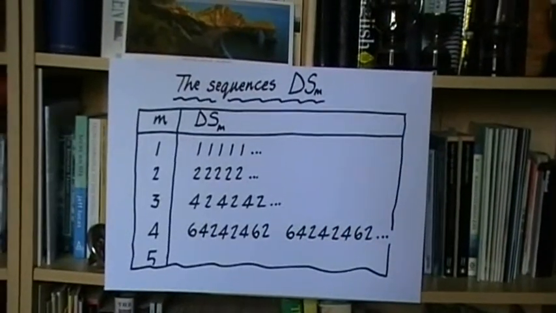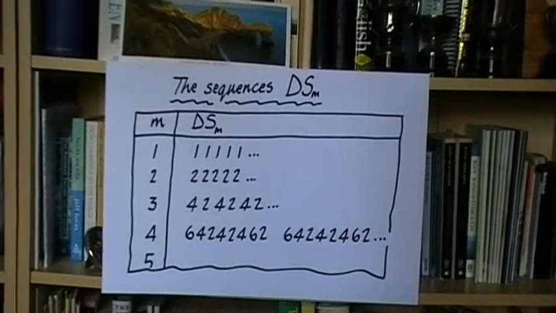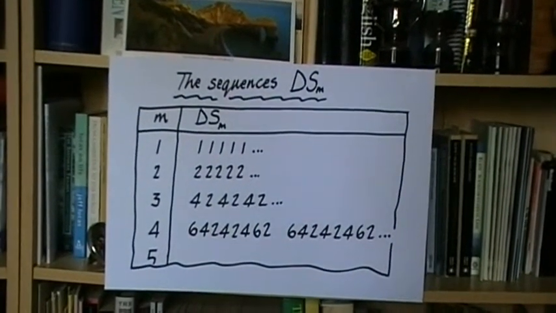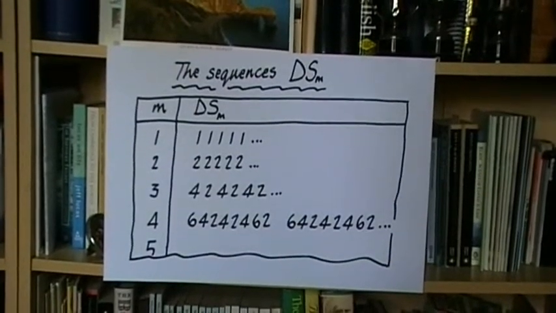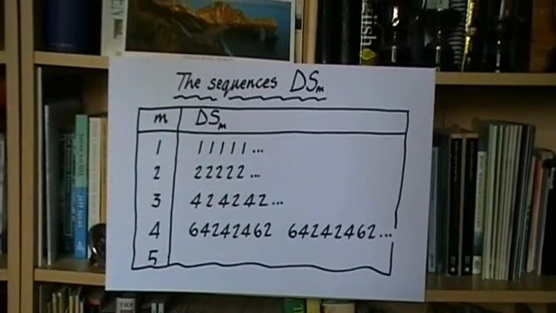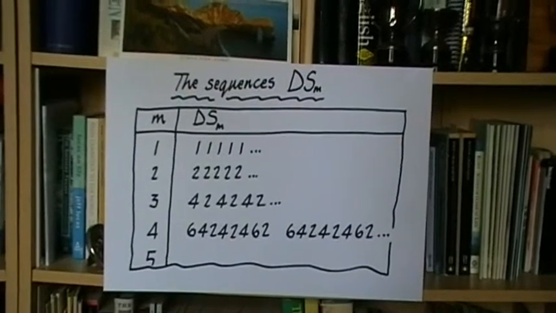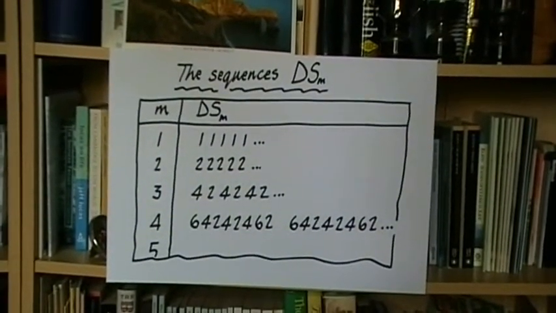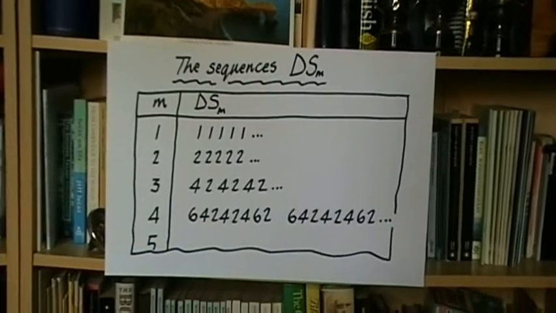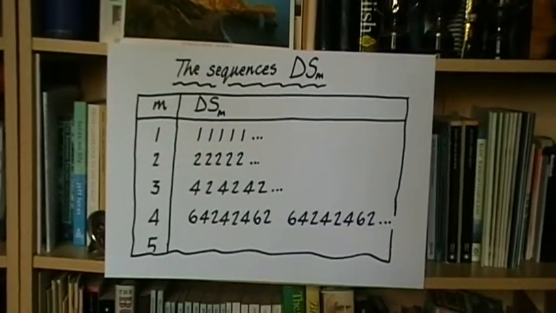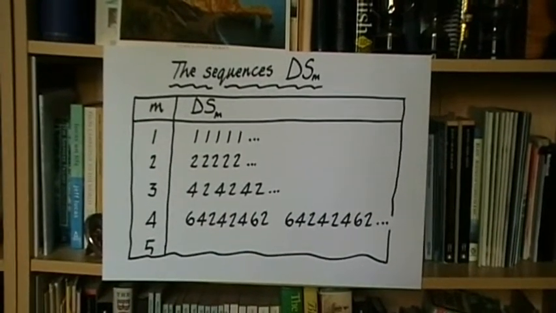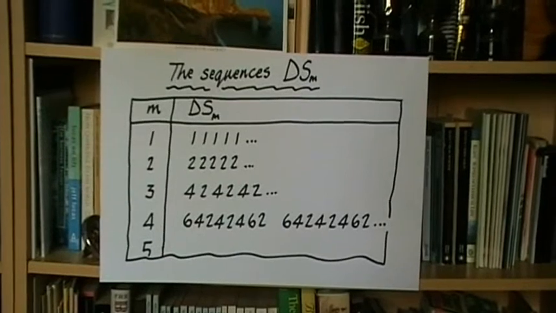The difference sequences of these sequences SM are given here. DS1, the difference sequence for the integers, is of course 1, 1, 1, 1. The difference sequence for the odd numbers is 2, 2, 2, 2, 2. The difference sequence for the integers prime to 2 and 3, that's DS3, is 4, 2, 4, 2, 4, 2.